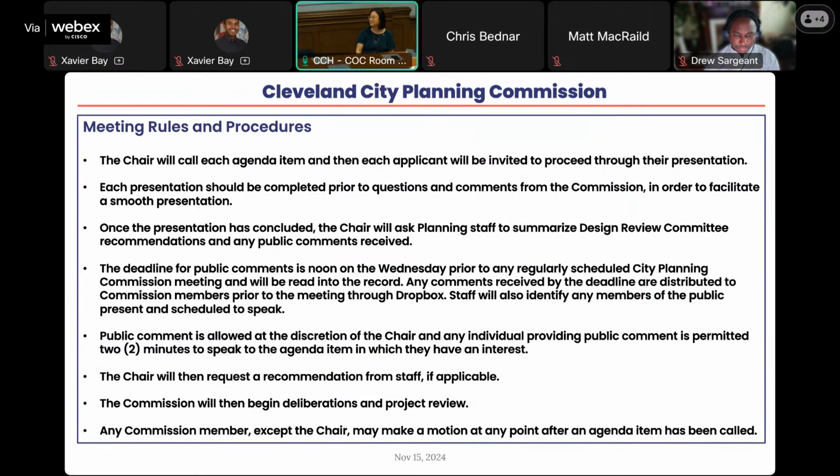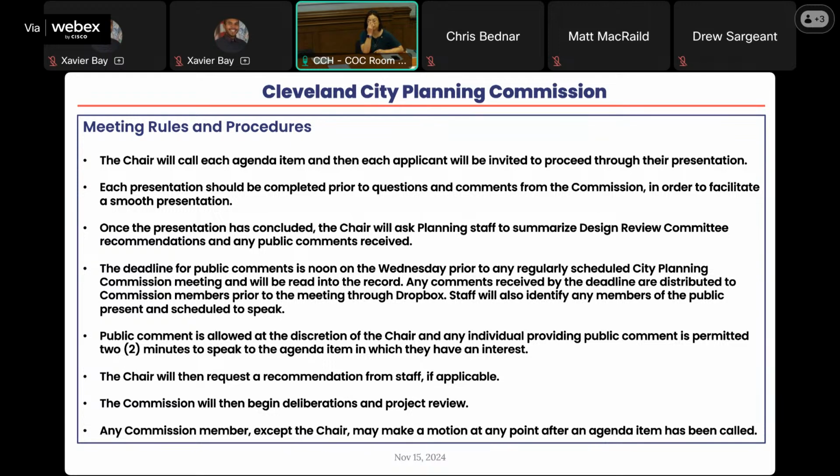Okay, meeting rules and procedures. We'll talk a little bit about how each item will go through the agenda. The chair will call each agenda item and then each applicant will be invited to proceed through their presentation. Each presentation should be completed prior to questions and comments from the commission in order to facilitate a smooth presentation. Once the presentation has concluded, the chair will ask planning staff to summarize design review committee recommendations and any public comments received. The deadline for public comments is noon on the Wednesday prior to any regularly scheduled city planning commission meeting, and they will be read into the record.